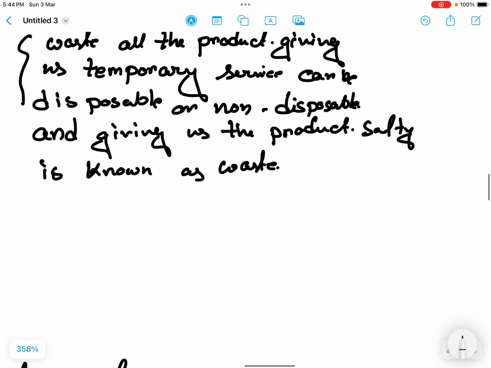It is actually giving us product safety for some kinds, but for some kinds it doesn't give product safety, right?